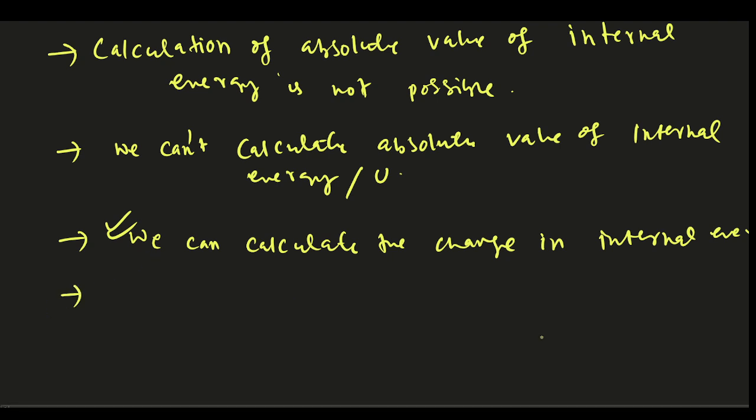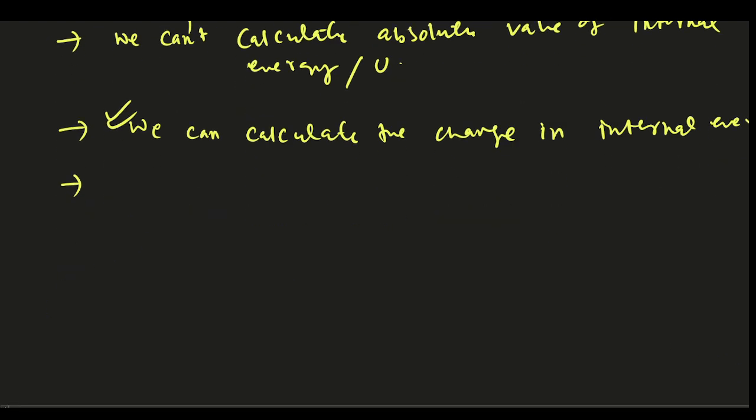So let's say you are going to calculate the internal energy of an object. The internal energy of an object is due to kinetic energy, because at the molecular level the object has molecules which are moving.